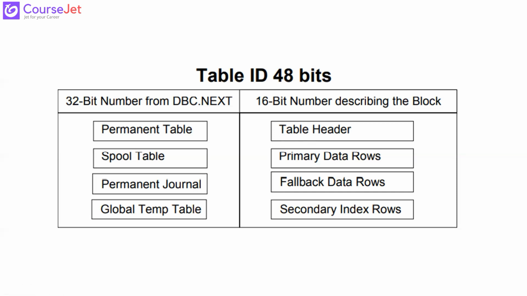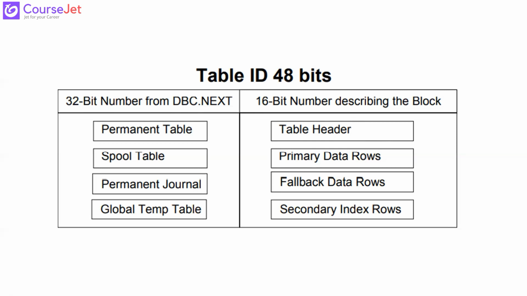Okay, fine. Okay, got it. So for each table, we'll be having a table header, correct? Correct, yeah. So with this 48-bit, Teradata will know what this table is and what the columns in this table are. Sorry, I confused between table ID and table header. Okay, now I got the catch.